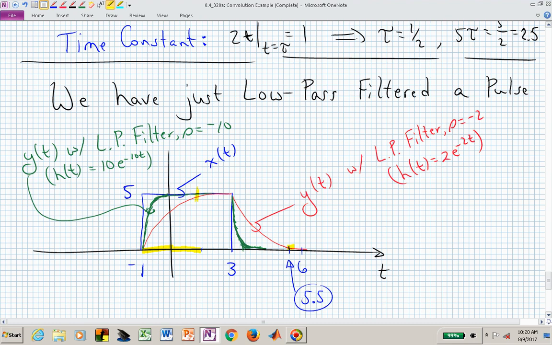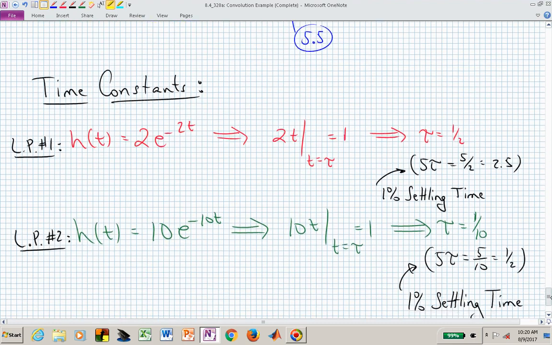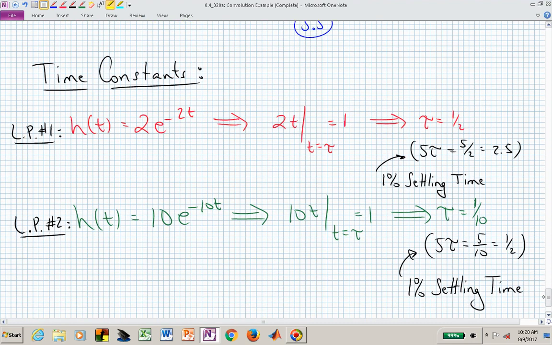If we changed the low-pass filter to have a wider bandwidth, or to have a pole at s equal to -10 instead of having a pole at s equal to -2, our time constant now changes. And so now let's just look at that. The red is low-pass filter number 1, where our time constant was 1/2.